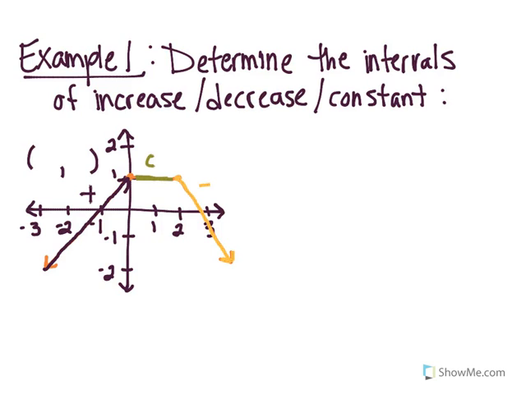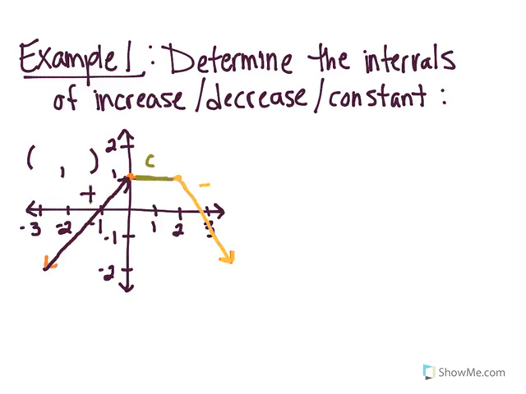And the reason is because anytime you have a part like this right here where a function changes between increasing, decreasing, or constant, nothing is actually happening there. You can't say that one point, when it changes, is increasing or decreasing or constant. It's just a turning point.